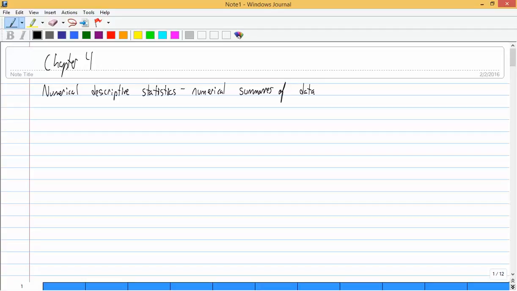That's numerical descriptive statistics. And then of course we know that statistics are measures that are applied to sample data. Remember that? Statistics goes with sample.